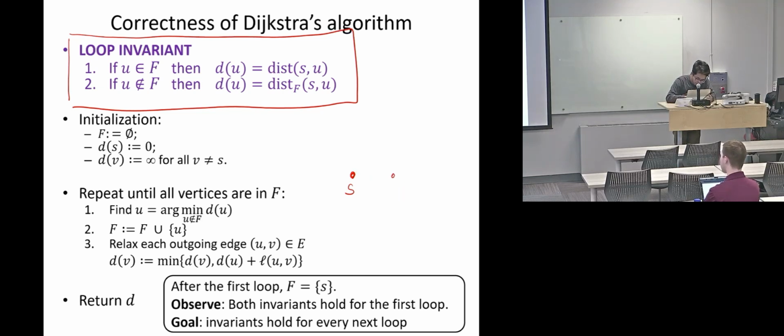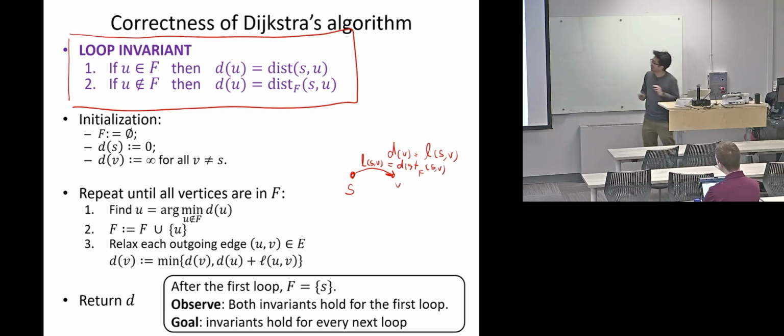If V is a neighbor of S, then D of V would be exactly the length of the edge from S to V, which is exactly the distance from S to V. For every neighbor of S, you get this.